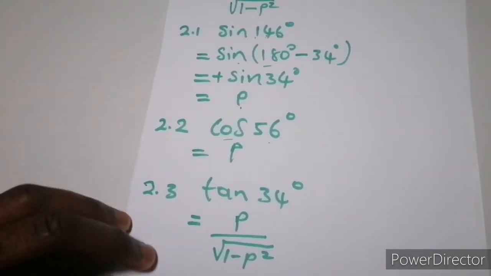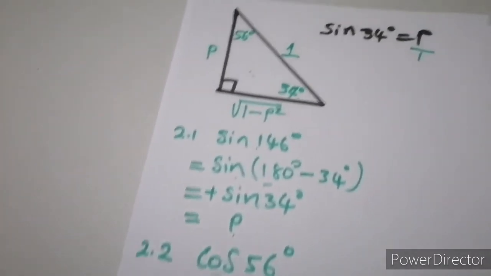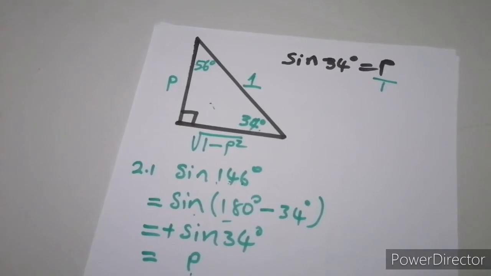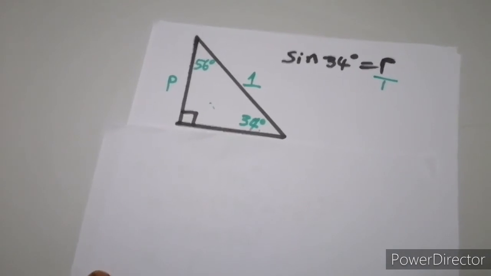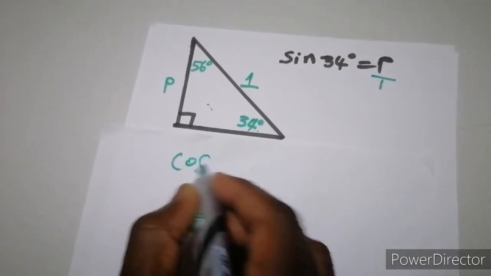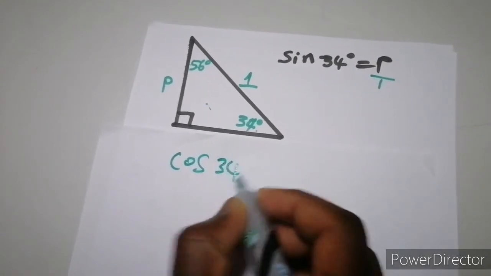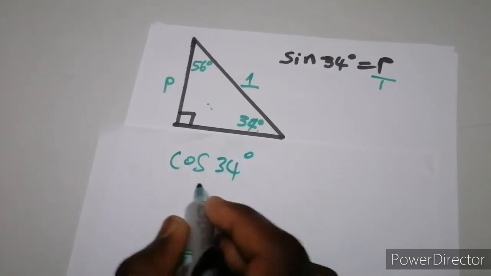Right, let's go furthermore to explain how to use square identities. Let me show you by example. In the very same problem, let's say they ask a question about the cos of 34 degrees. I'm going to explain this.